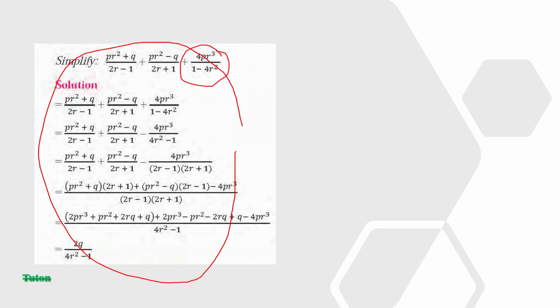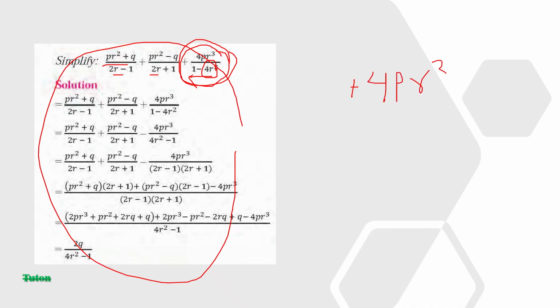Other portions you have solved in previous examples as well. For now I will be focusing on the last portion of this question, as we have r and r in front of these two terms, and for taking the LCM we have to put this r term in front of this term. That's why I will be focusing on the last particular term for now.